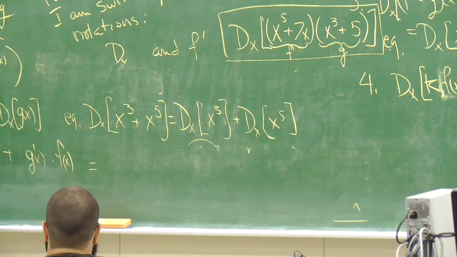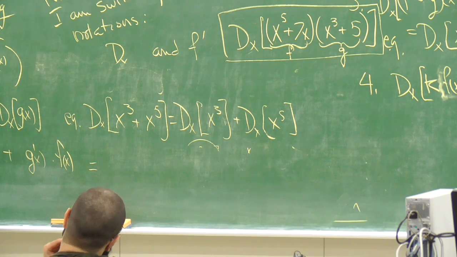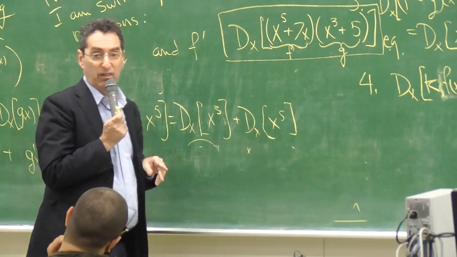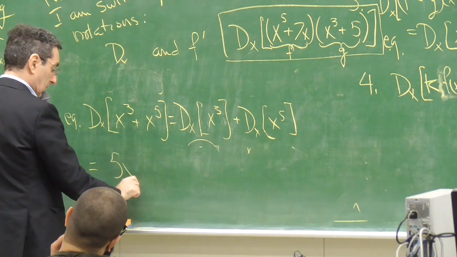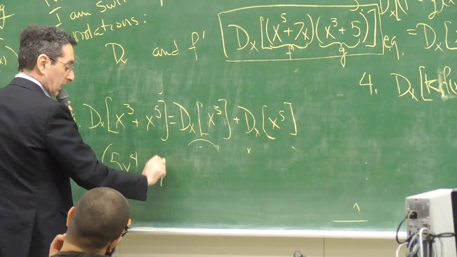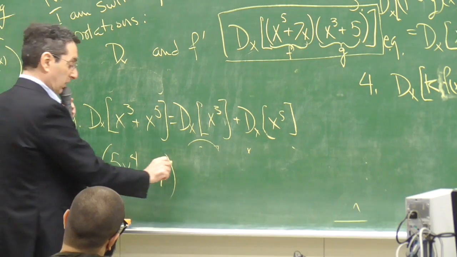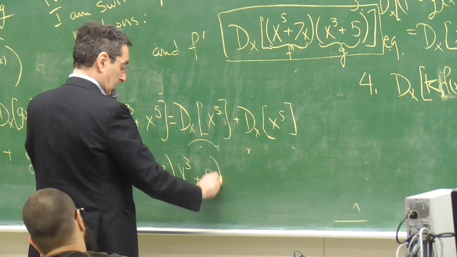So I want the derivative of F. What is the derivative of F? What's the derivative of f? 5x to the 4th plus 7, right? Times what? G, the non-derivative of g, x cubed plus 5.